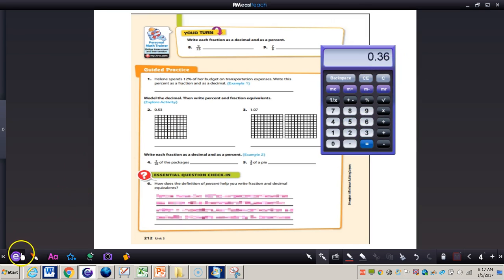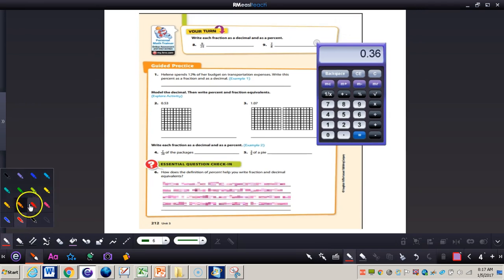36 hundredths would be the decimal. Now when we take a decimal and turn it into a percent, we take 36 hundredths and move that decimal 2 places to the right for 36%.